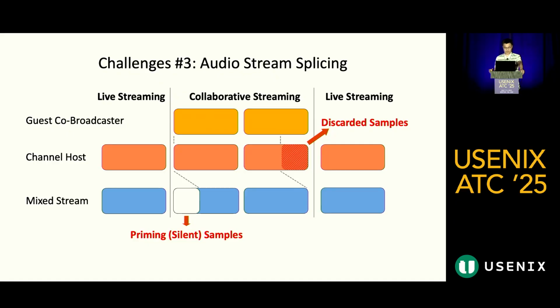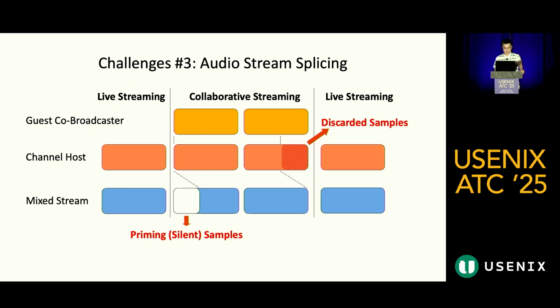The last challenge I want to explain is the smooth splicing of media streams when switching between streaming modes, especially for audio stream. Because we adopt server-side stream mixing, we need to splice the mixed stream generated on the server side in collaborative streaming and the single stream published by the channel host broadcaster in basic live streaming mode.